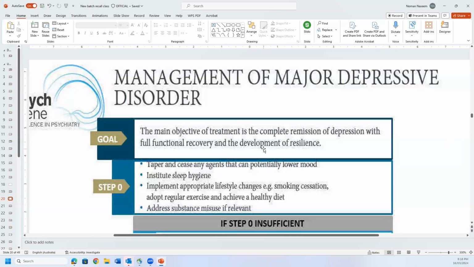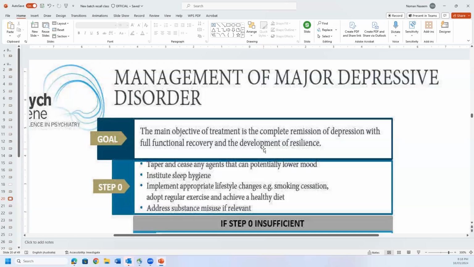So the goal is that you want to completely get rid of the psychiatric symptoms in a patient of depression and develop resilience. I think it's 2 weeks, Dr. Imran. So the first step, or step 0, is that we will do lifestyle modification.